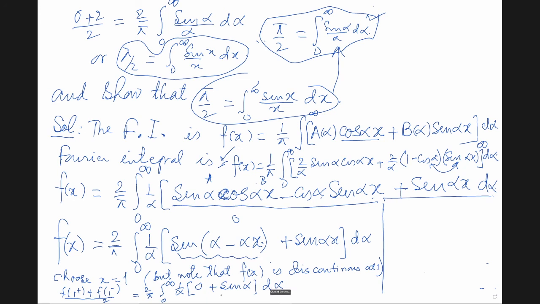So I wrote down the rule here. I told you this is A, this is B. Sine A cosine B minus cosine A sine B.